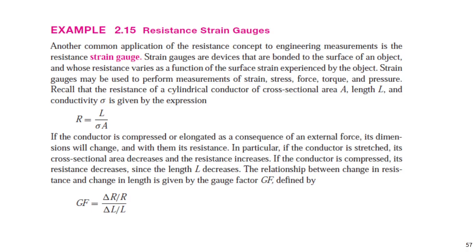We call this type of sensor a strain gauge. We will see this type of measurement maybe in the torque sensor of a motor, where we would like to know how much torque the motor produces.